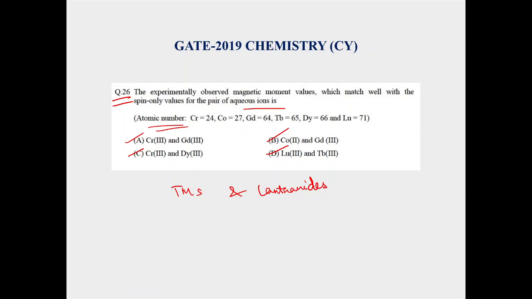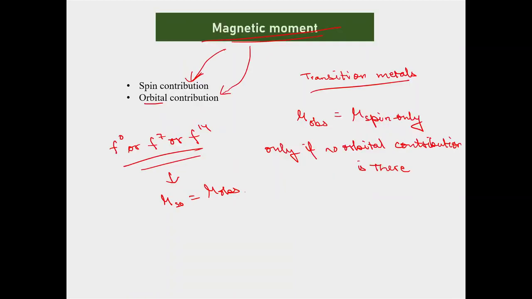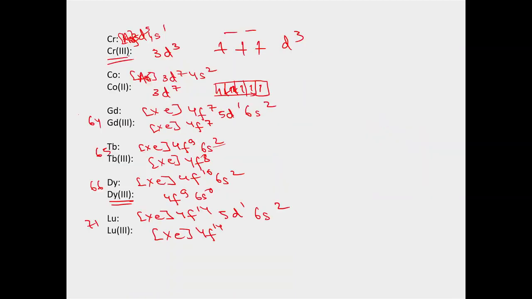Here, as we said, for lanthanides only f0, f7 and f14 will have mu spin only value equal to mu observed value.